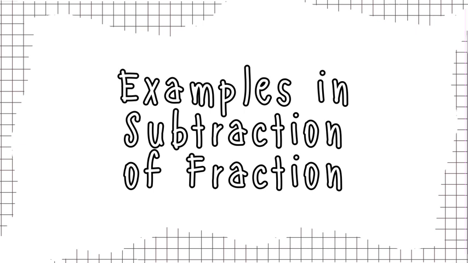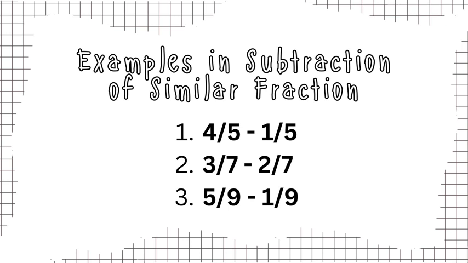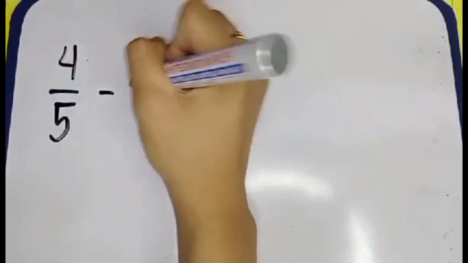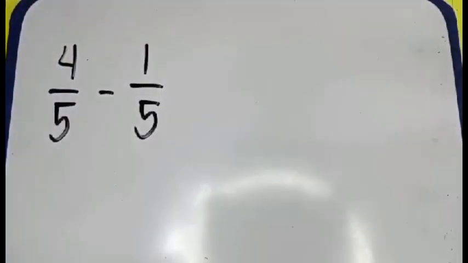Now that we are done sa addition of fractions, let's proceed to the subtraction of fraction. And here is the subtraction of similar fraction. For our first example, we have 4/5 minus 1/5. Same process lang tulad ng sa addition, but this time is subtraction naman.